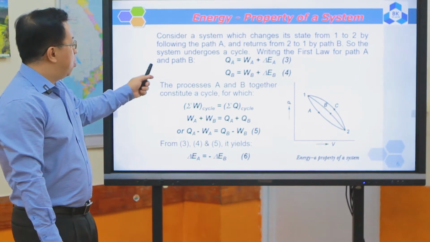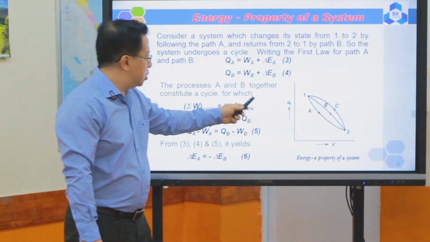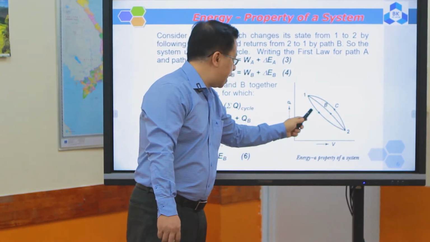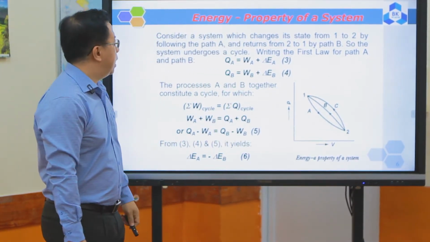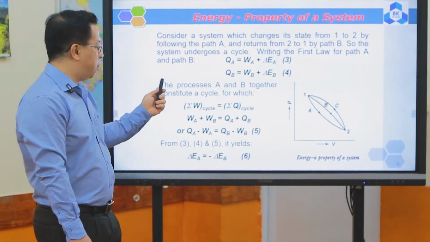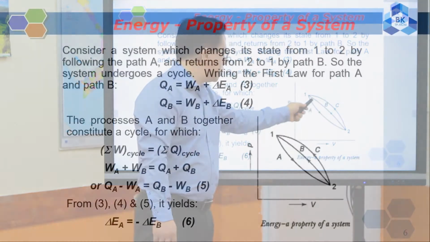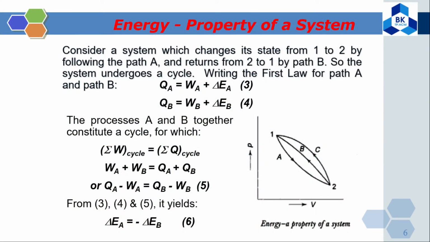Then we got a change from 1 to 2 by the process path A. When it returns from state 2 to state 1, it goes in the path B. So the system undergoes a cycle.